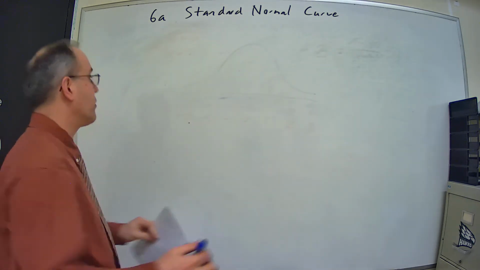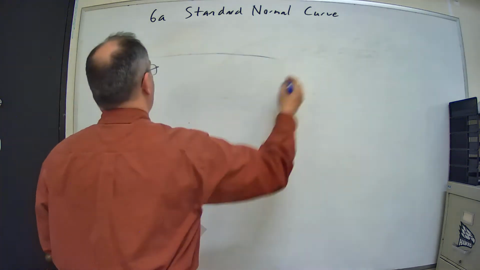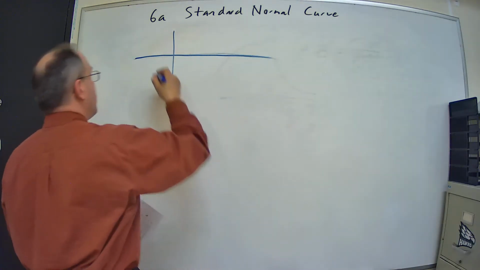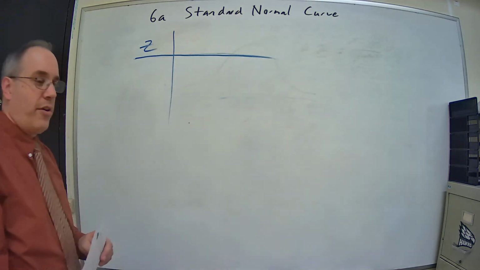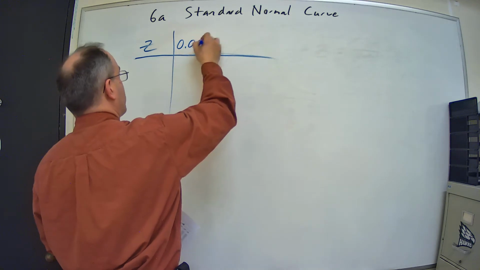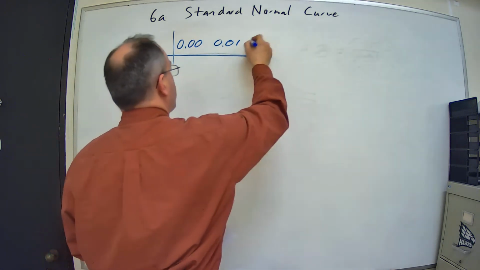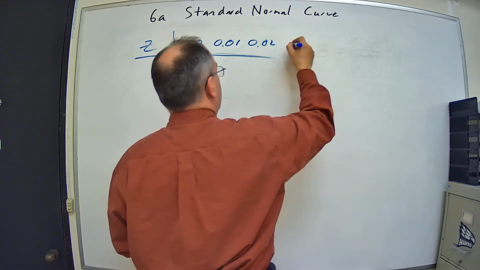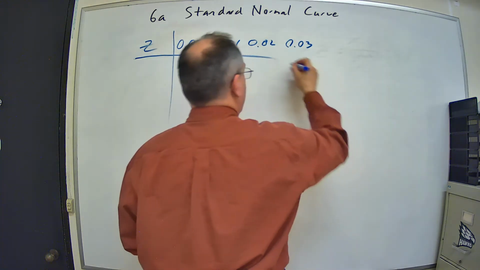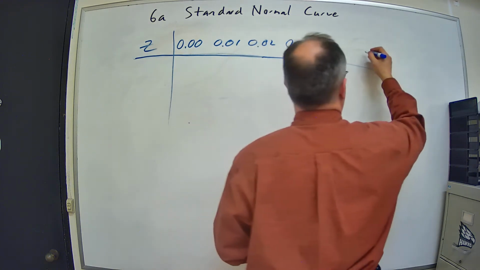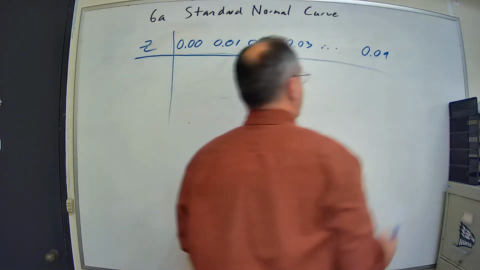First of all, we will see that this table, and remember it has two sides to it, shows z up here. That's the z-score. And at the top you'll see 0.00, 0.01, 0.02, 0.03, continuing on until you get to 0.09.